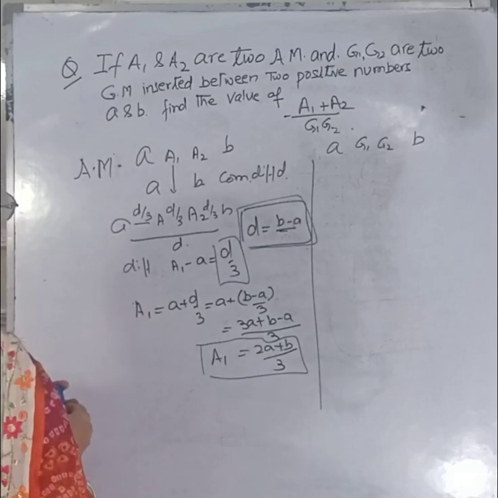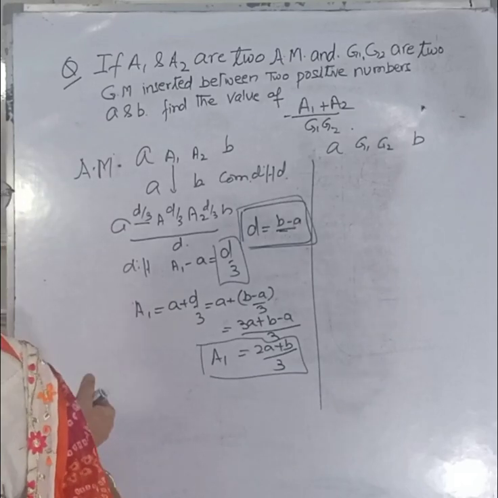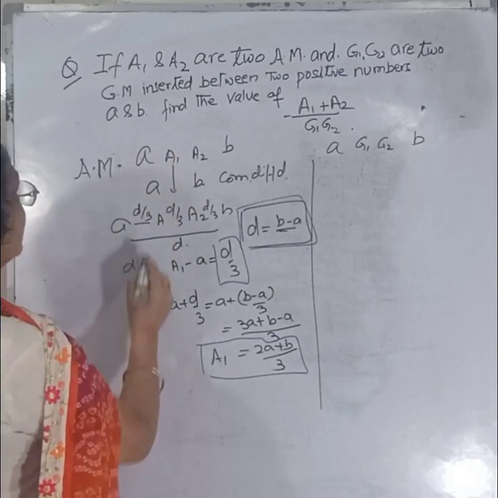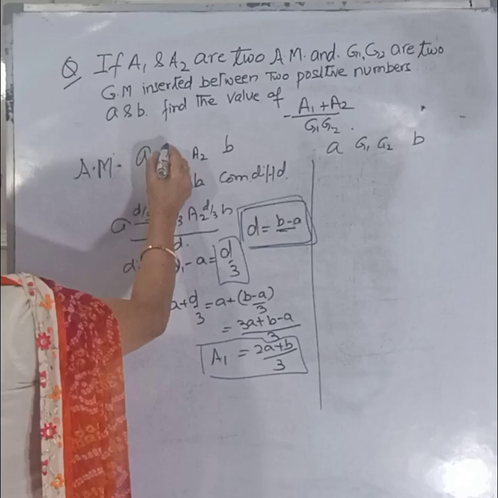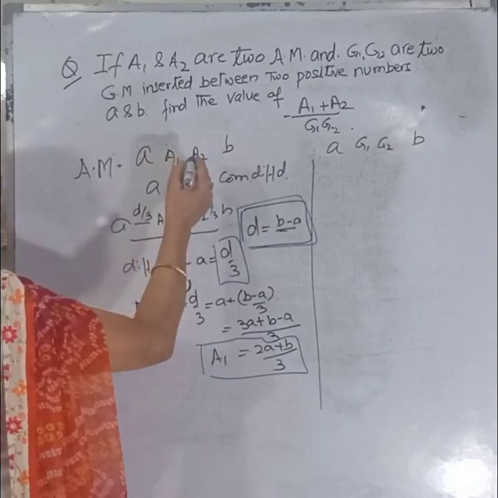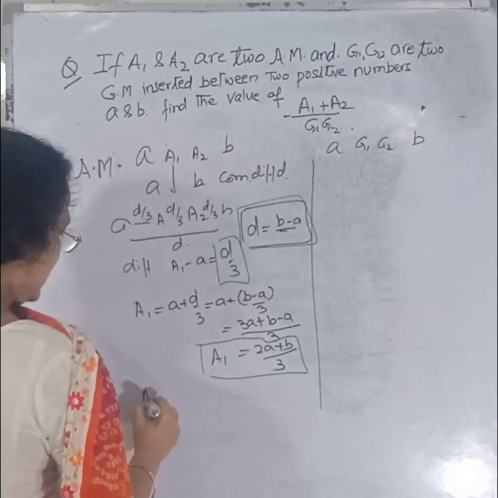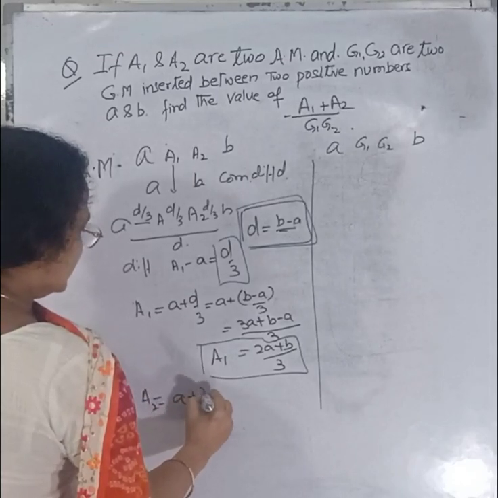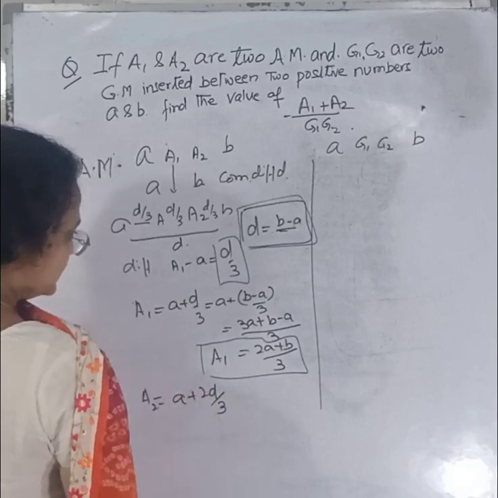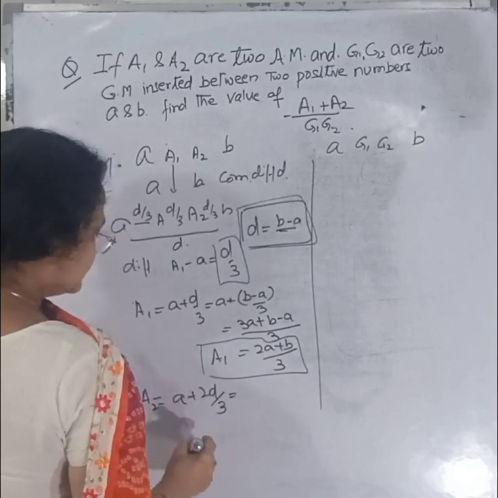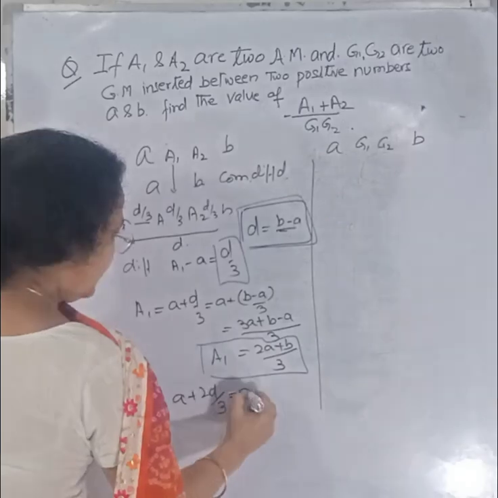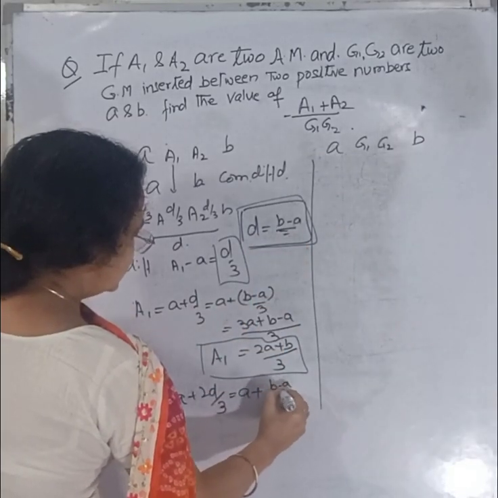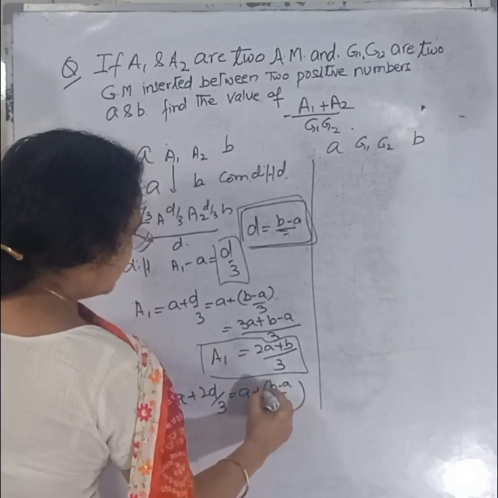Now we have to find the value of A2. A2 is the third term, so A2 will be equal to A plus 2 times D by 3. That is equal to A plus (B minus A) upon 3 into 2.